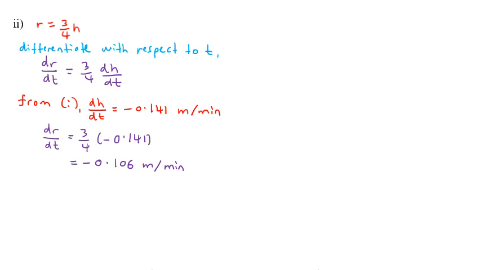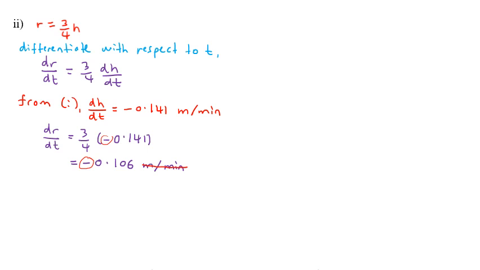Again, as I said before, the unit is not compulsory. You can choose not to write down the unit and you can still get the full marks. No problem, as long as you don't miss out the negative. So remember, we still have negative. Okay, so that's for this example.